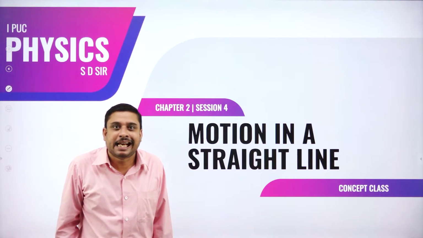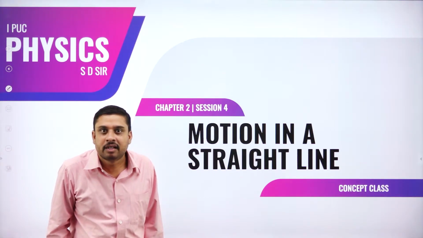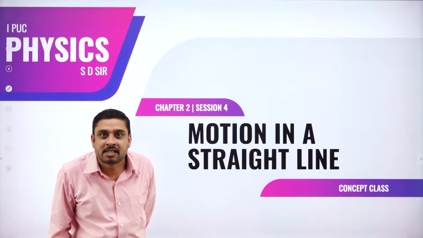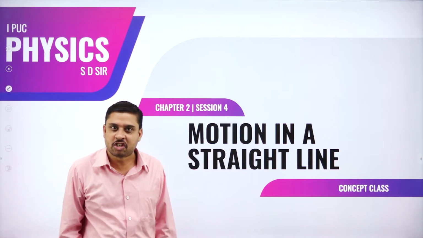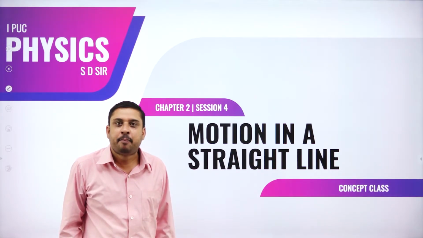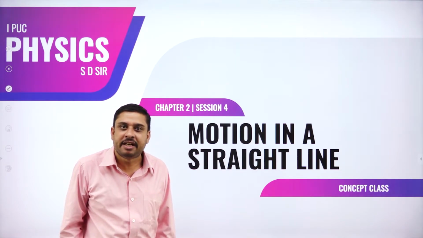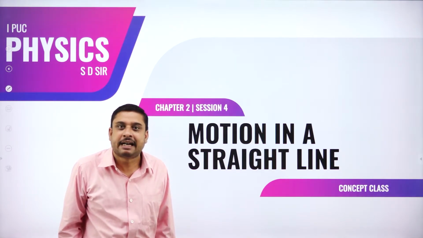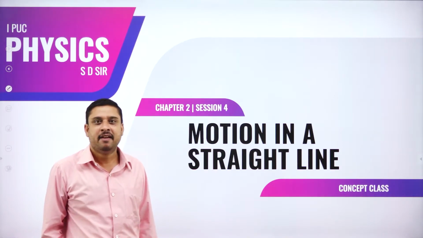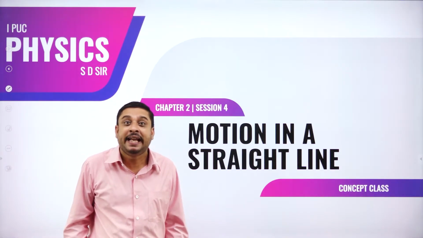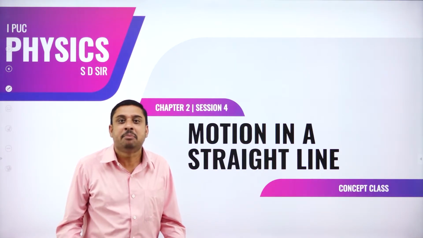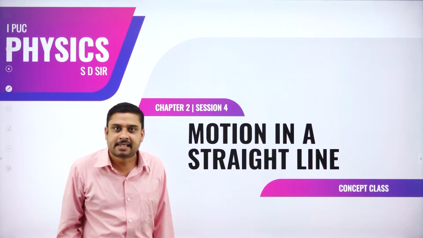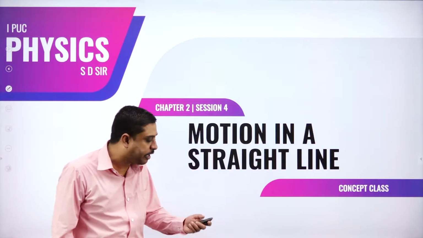Any physical phenomenon is better understood by a pictorial representation, and that pictorial representation is a graph. And today we will understand VT graphs, velocity time graphs, to understand the nature of motion of a body. Fine.